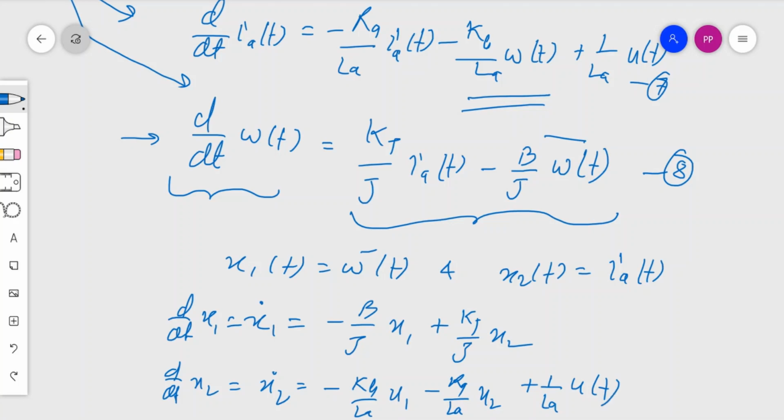This u(t) is basically the forcing function, that is the voltage applied to the servo.